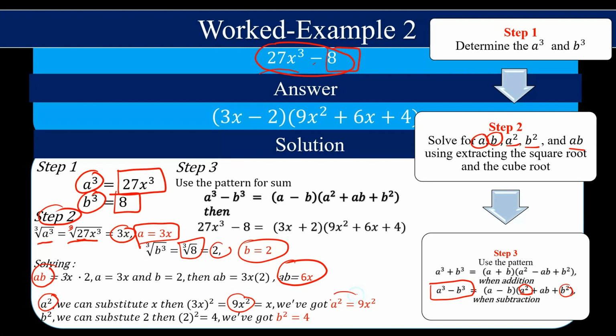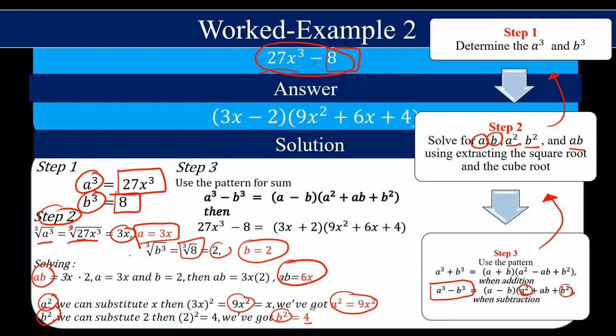That's why a squared is 9x squared. And b squared, where b is 2, is 4. Notice that we are just following the pattern based on step number 2. So step number 3 is connected to step number 2, and step 2 is connected to step 1.